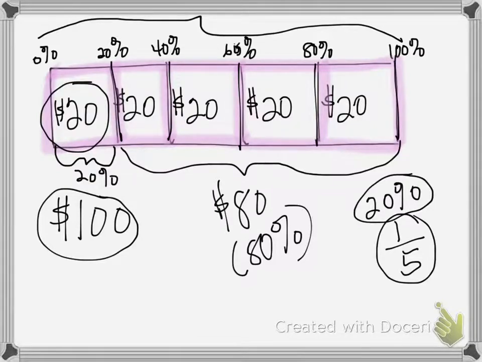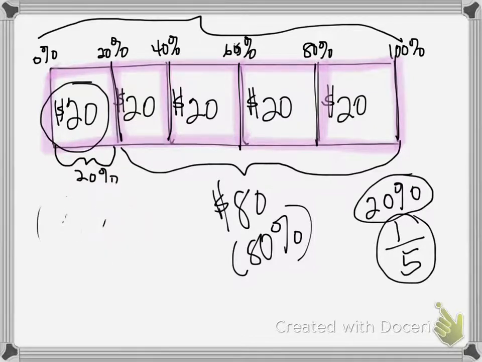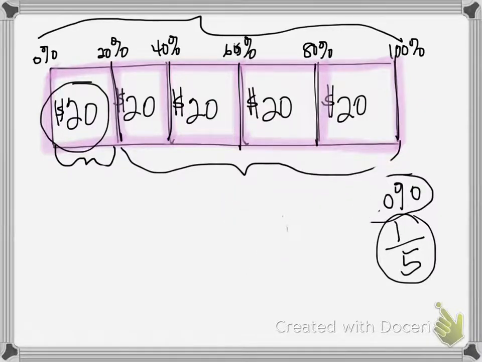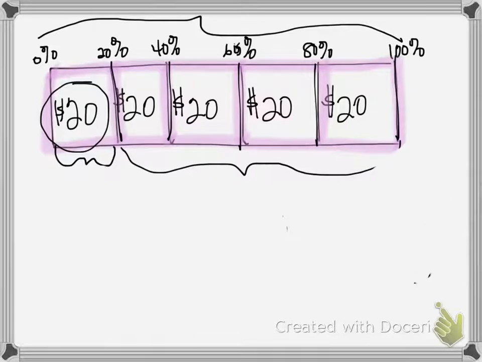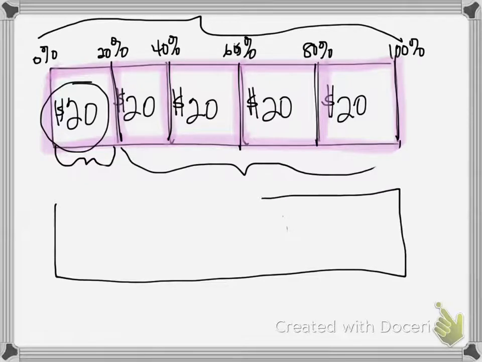Sometimes you get a discount of 15% or 30%, and I just wanted to show you how you could still use a tape diagram, even though it's not as convenient.